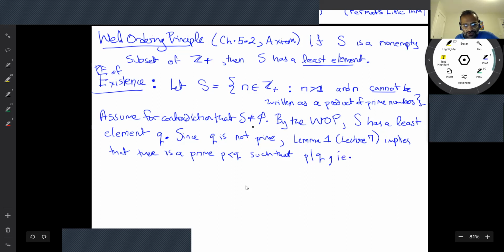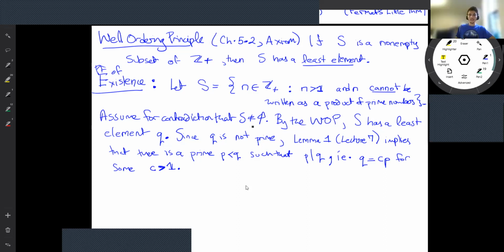That means that Q is equal to some C times P for some C, which is bigger than 1. Sorry, I should have asked the question for C. Is C in S? Do you think you can write C as a product of primes?